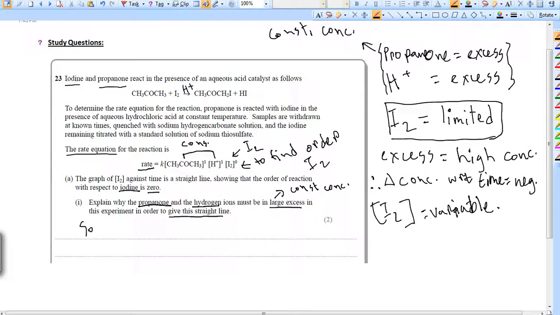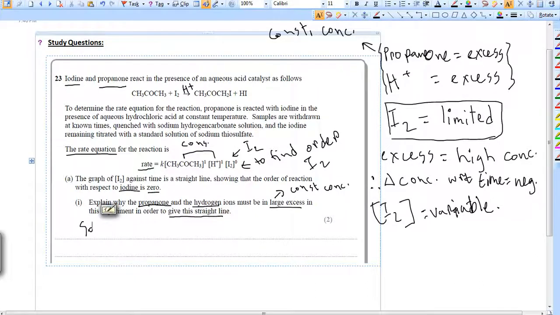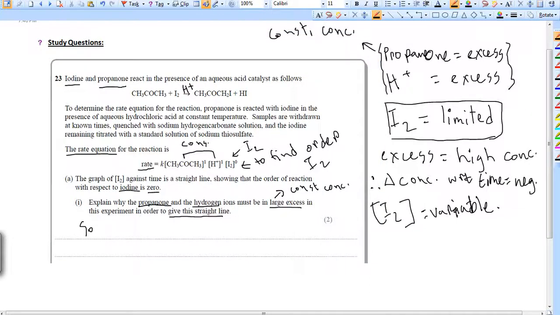At first, let us discuss why we have taken propanone and hydrogen ions in large excess. The first thing is to ensure that the concentration of hydrogen ion and the concentration of propanone are virtually constant, so that the overall order is not determined. What order we are determining here is particularly for iodine.